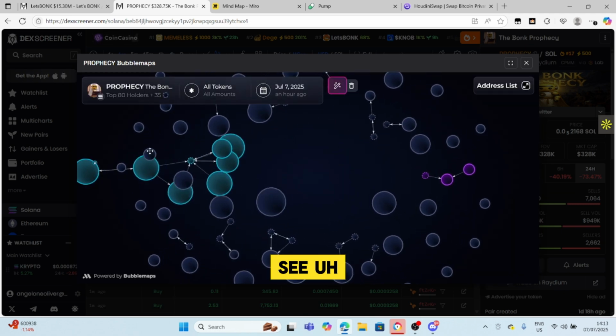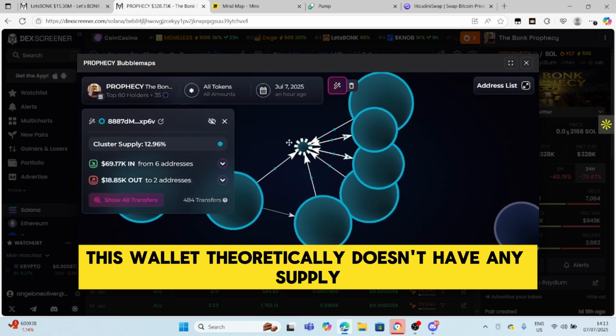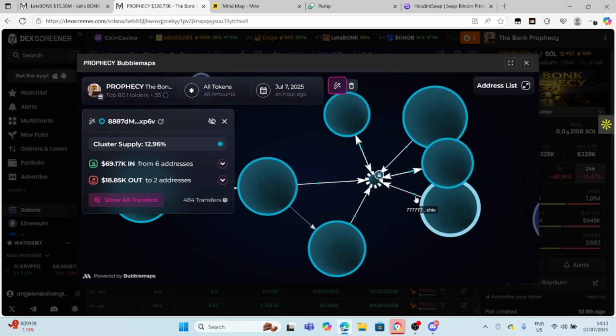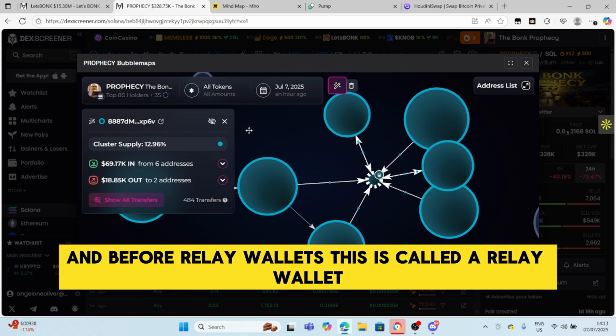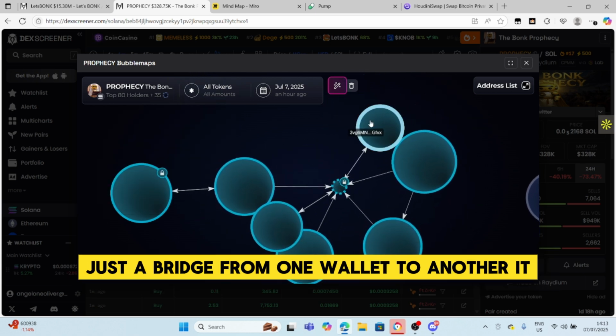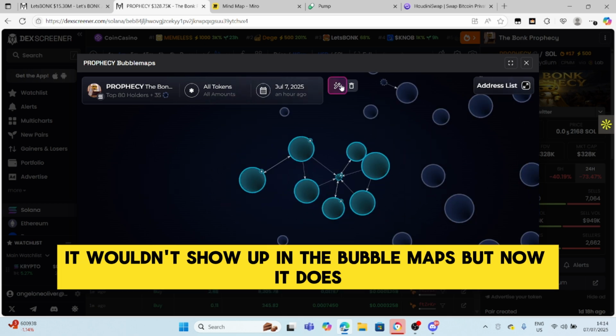See, this wallet theoretically doesn't have any supply, but it's the one that connects every other wallet. This is called a relay wallet, just a bridge from one wallet to another. Before, it wouldn't show up in the bubble maps, but now it does.